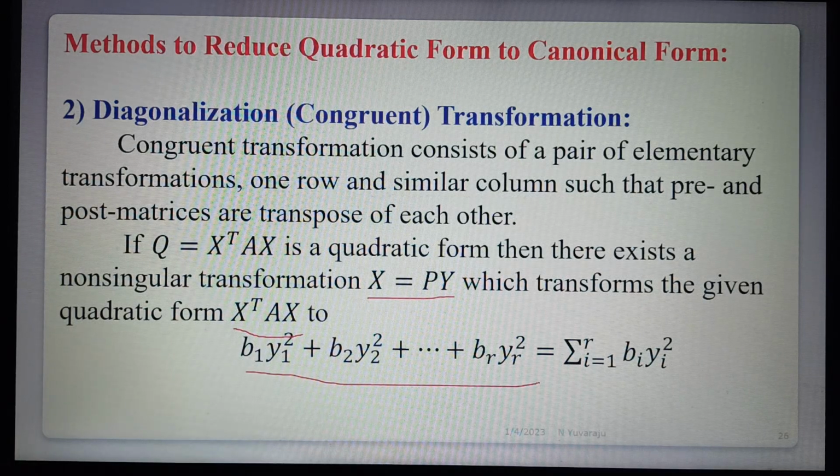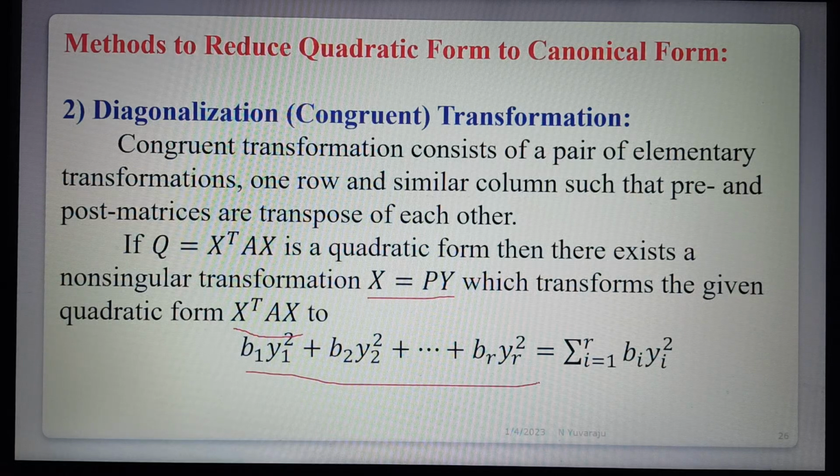Already I told you the canonical definition: only the sum of the squares of the variables, eliminating the products xy, yz, zx. Then the new form is Y transpose D Y, where D is a diagonal matrix. Y transpose D Y is called the canonical form.